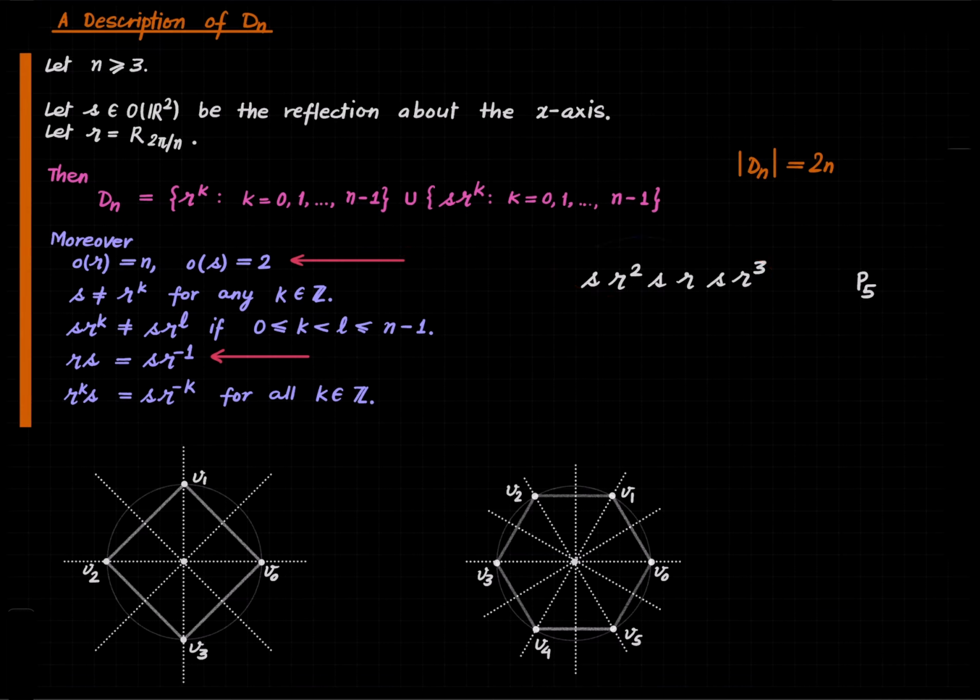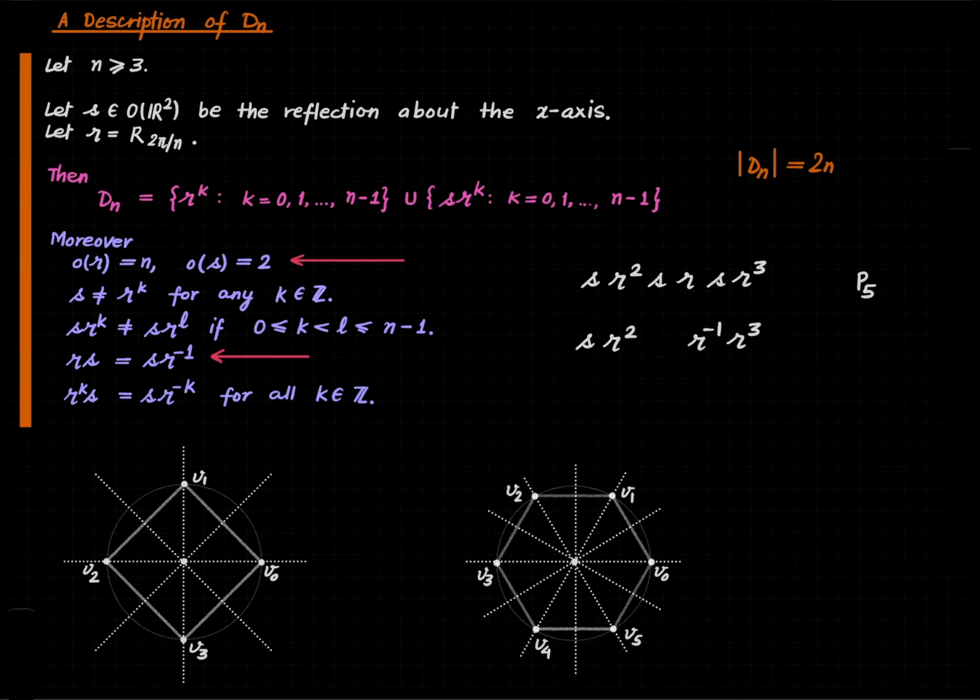Let me do that here. So we know that sr is r inverse s, or it's the opposite. rs is sr inverse, right? This one. rs is sr inverse, so I'll flip their positions at the cost of an inverse. This is sr inverse, but this s times s is 1. s has order 2, so this can be killed.